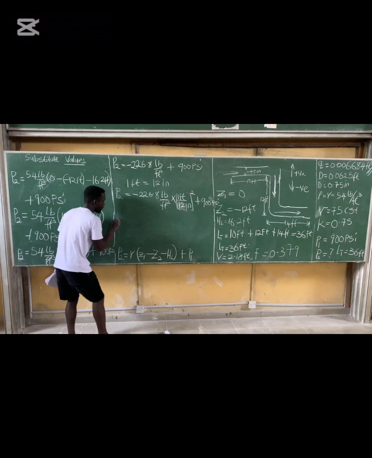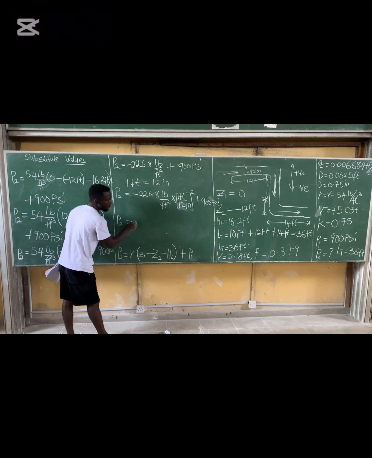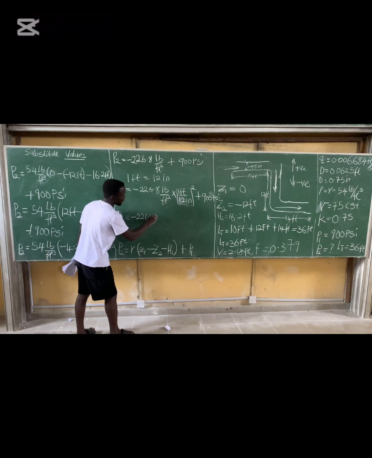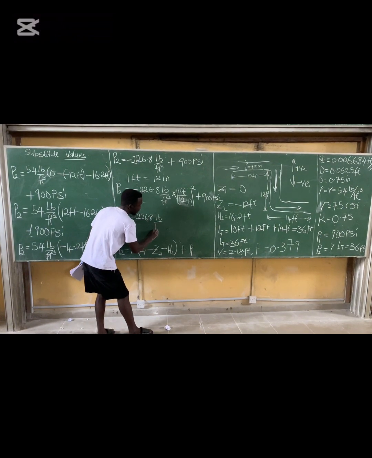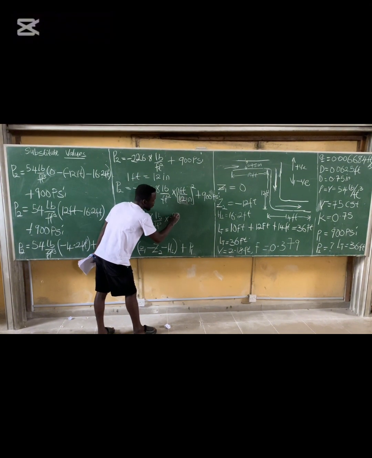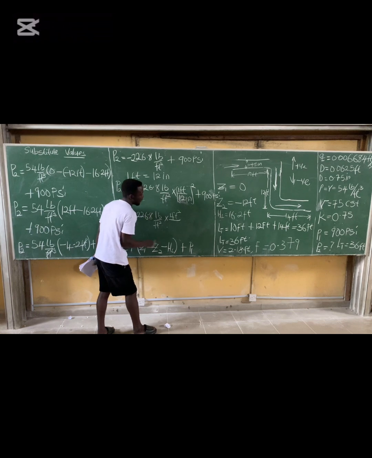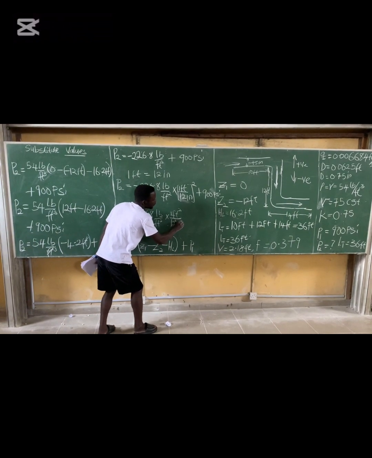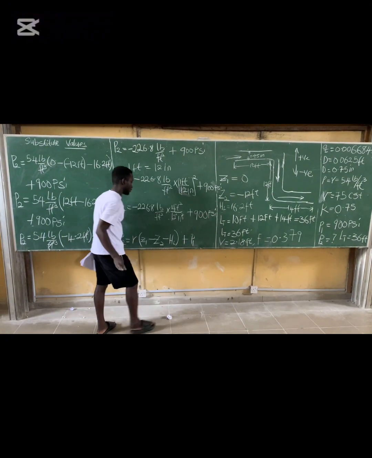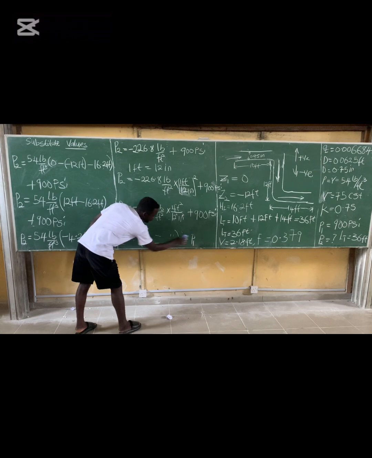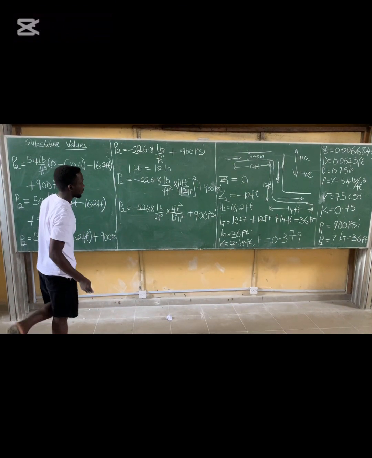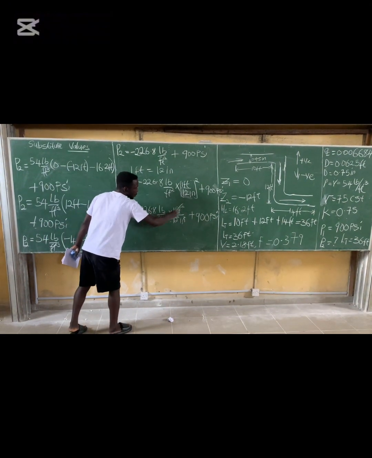So therefore, our P2 will be equal to minus 226.8 pounds per feet square multiplied by 1 foot squared divided by 12 inch squared, plus 900 psi. The feet here will cancel feet square here.